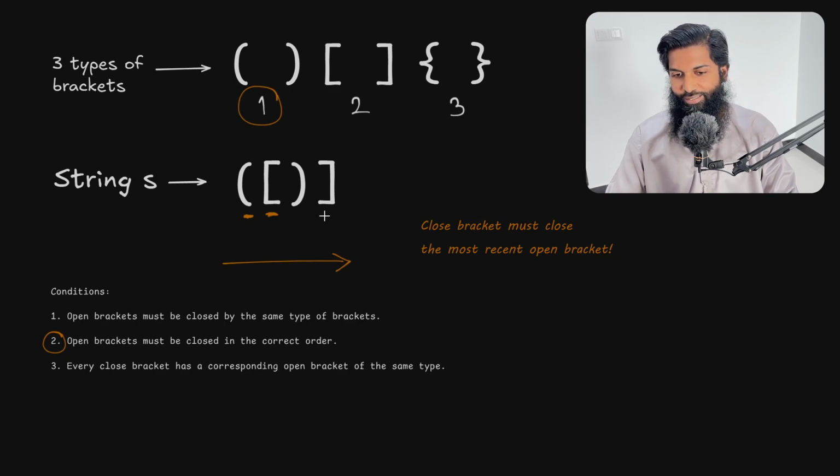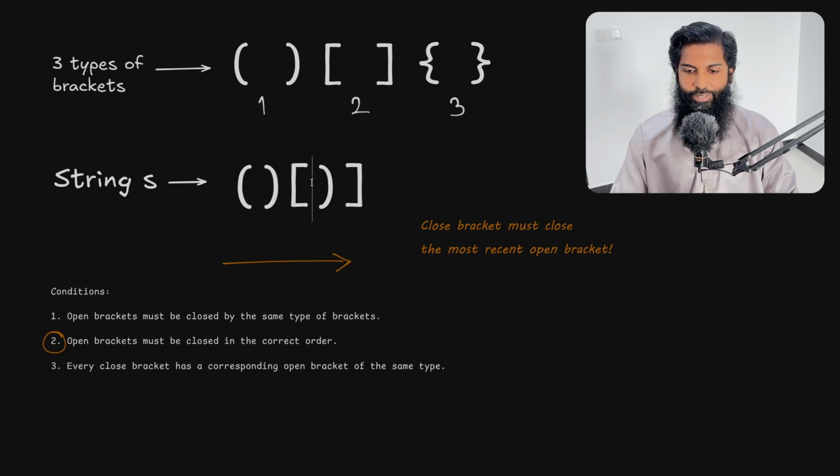Unfortunately, it is not the same type as the close bracket that we encountered. Therefore, we can conclude that this open bracket has not been closed in the correct order. For this open bracket to be closed in the correct order would be to close it here. And for this open bracket to be closed in the correct order would be to close it here.